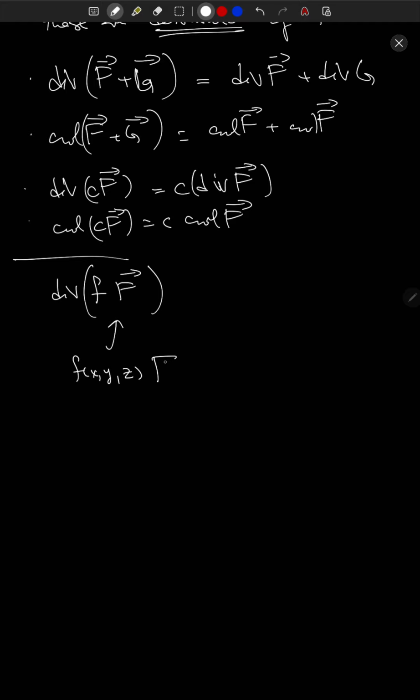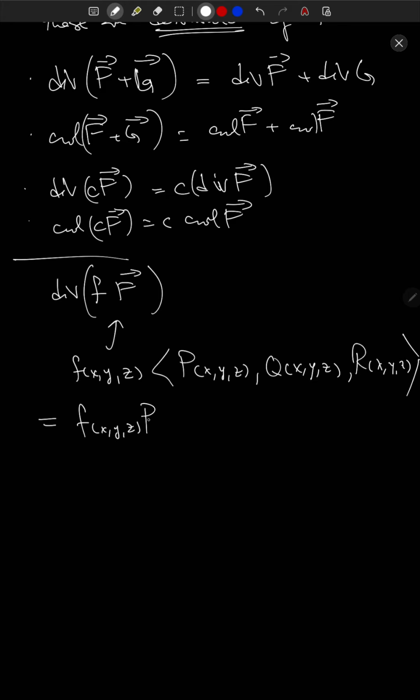Let me write capital F as P of x, y, z, Q of x, y, z, and R of x, y, z. So at each particular point x, y, z, this little f times capital F is just f of x, y, z times P of x, y, z, f of x, y, z times Q of x, y, z, and so on.